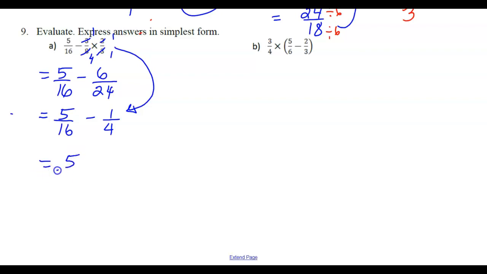What's nice is 4 goes into 16, so that's your common denominator. So you multiply by 4 to get 16. So that's going to be 4 up top. Denominator stays the same. 5 minus 4 is 1.